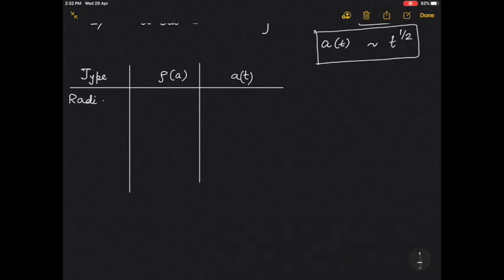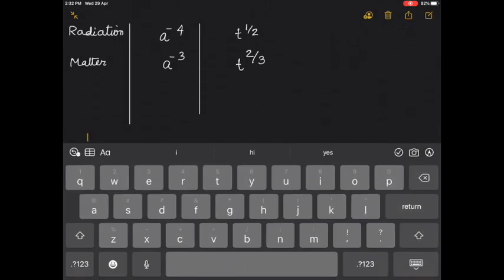First I come with radiation dominated, and this we know goes as a to the minus 4. And with respect to t, we just have calculated, a goes as t to the half. If I do the same thing for the matter dominated, this we know is a to the minus 3, and this is your homework to work out, that this will be t to the 2 by 3.